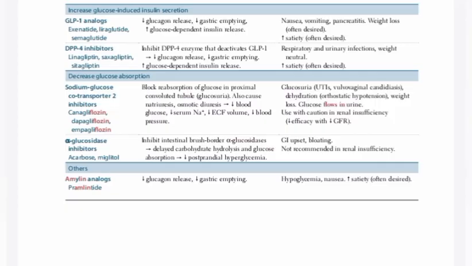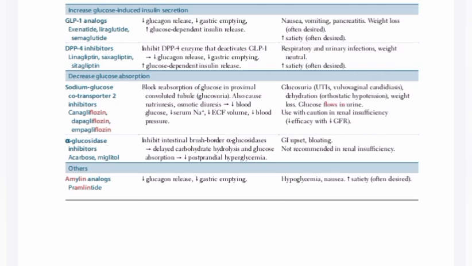The next category is alpha glucosidase inhibitor, which decreases glucose absorption, and it is widely used postprandially because it decreases postprandial hyperglycemia. But what is its mechanism? It inhibits intestinal brush border alpha glucosidases. What do alpha glucosidases do?